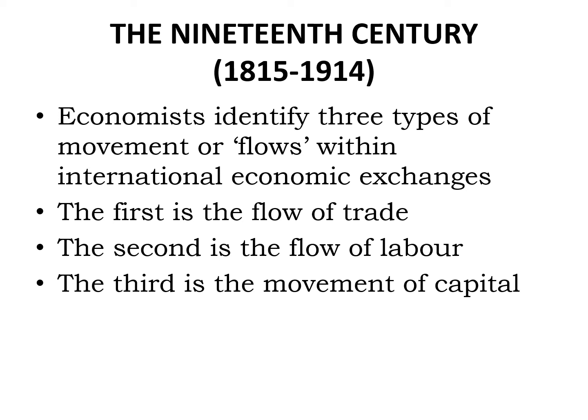We have seen in the economics chapter on globalization, that MNCs, multinational corporations, started investing in other countries. So one country investing in another country is called movement of capital. So these are the three types of flows the economists identified in the 19th century.